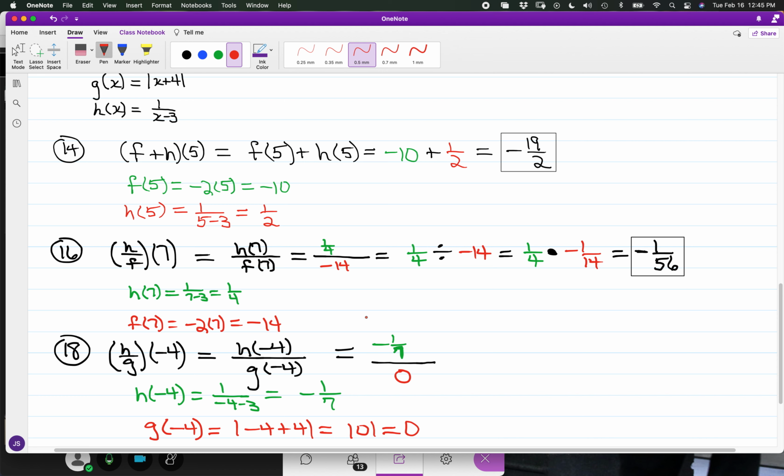And guess what? There's no solution in this one. That one is going to be undefined.